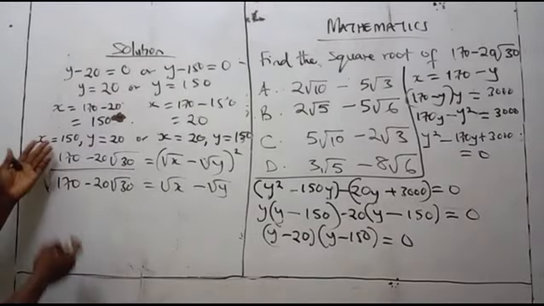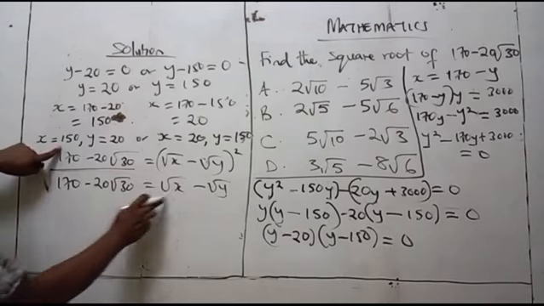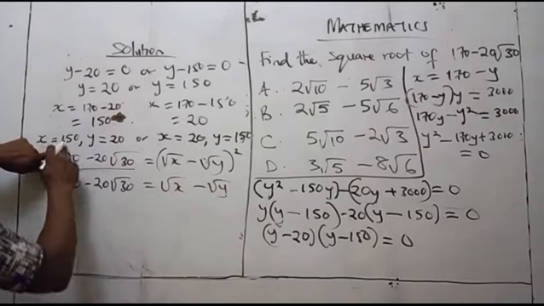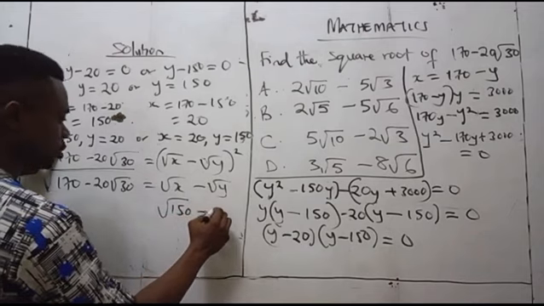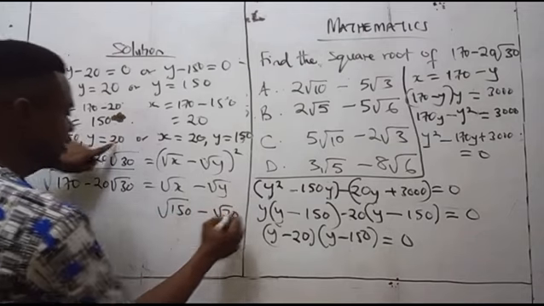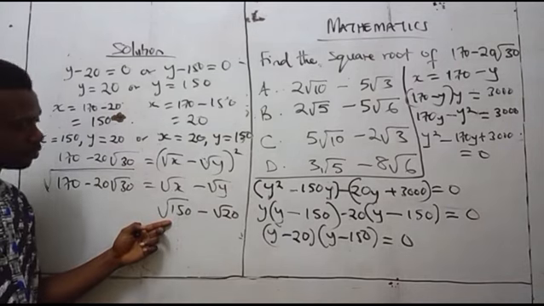So you can pick x to be 150. If you pick x as 150, see what we get. Substituting 150 for x, we have root 150 minus root 20, since y is 20. Now we can break this surd down to a simpler form.